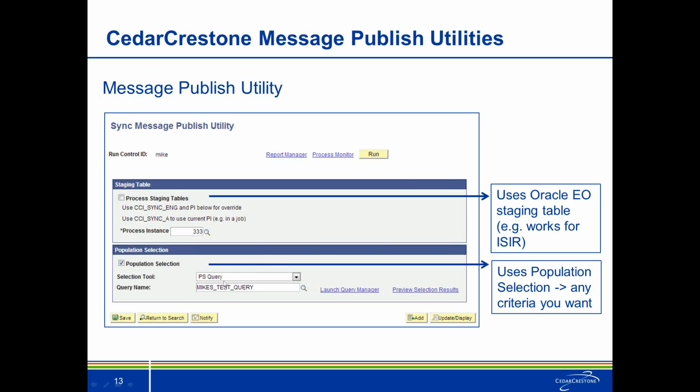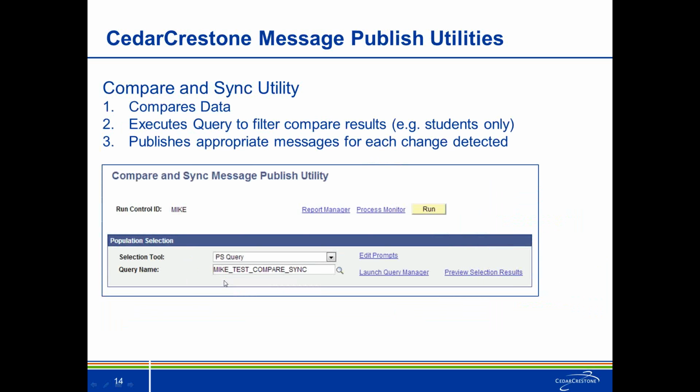So that's pretty flexible. Then there's another utility in the same vein, and the big difference is that this one runs the compare utility first to see what's out of sync, and then can publish messages from that result. This just works for the person data.